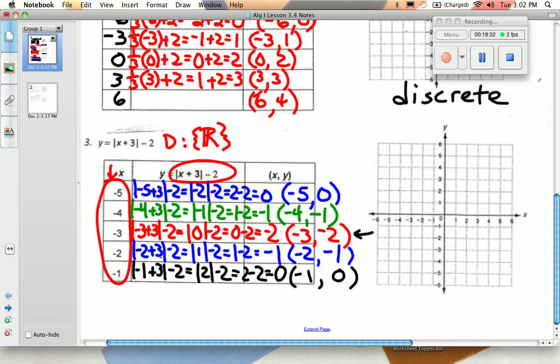No way. So this is going to be a continuous graph. After you put your points on there, if they line up nicely in some sort of a straight line, you're going to want to use a straight edge and draw a nice graph. If they don't, then you're just going to freehand it and draw a nice curve. So let's see what happens with this one.